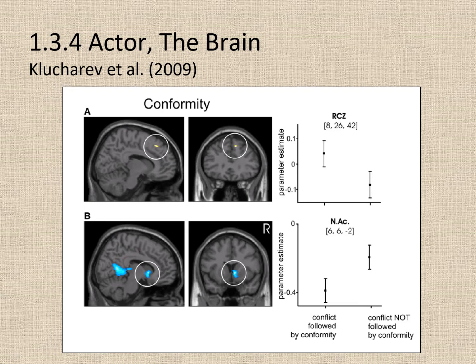So, if we look at brain activity in the first session, and how it's associated with this modification or no modification of behavior, we see that increased activity in rostral cingulate zone and decreased activity in nucleus accumbens is associated with a modification of rating, so it will be more in accordance with the group rating.